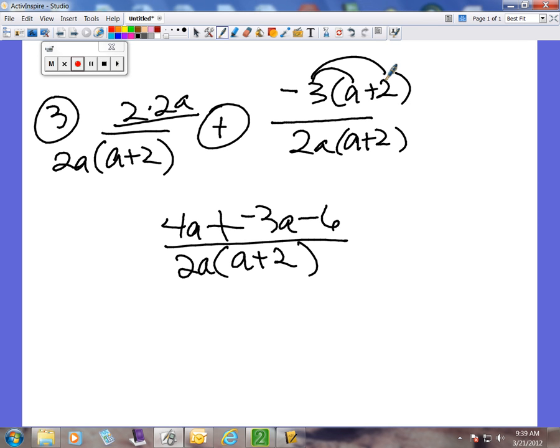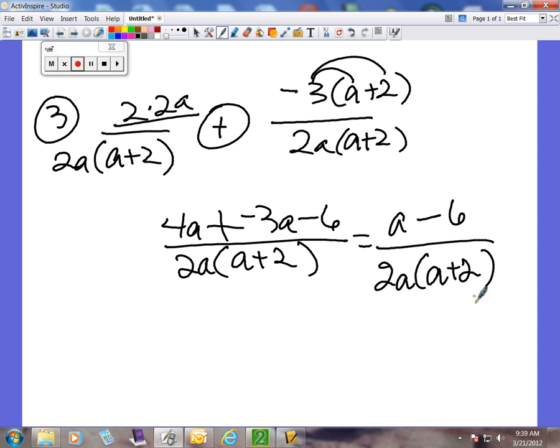Negative 3a minus 6. Now we can combine like terms. 4a and a negative 3a. And then we don't have anything to add to the 6, do we? And all of that is over your least common denominator.